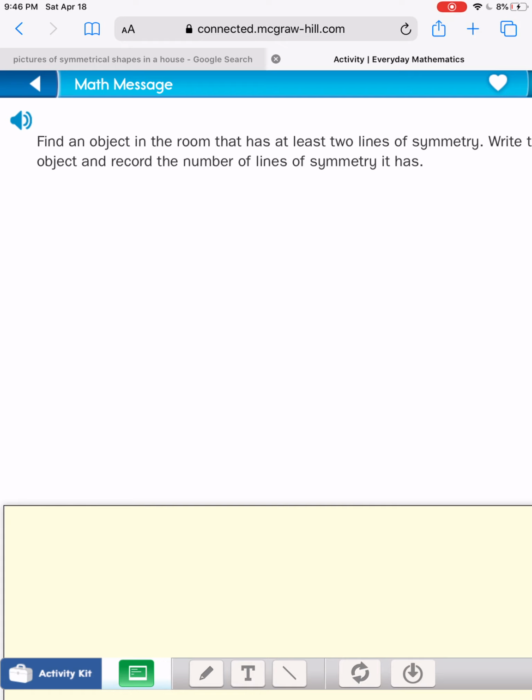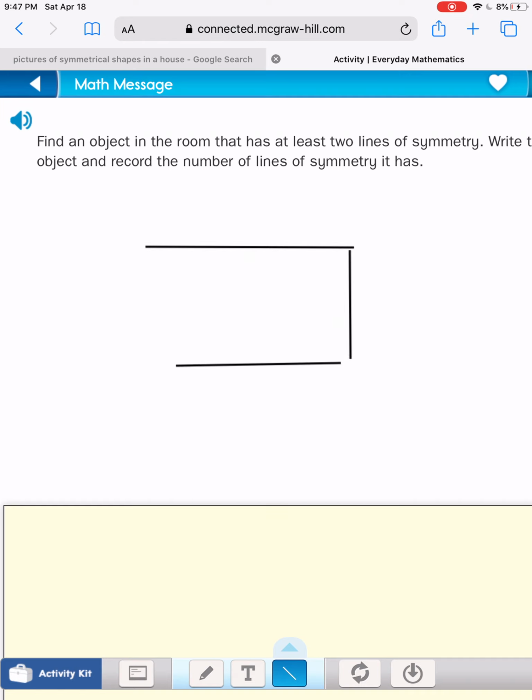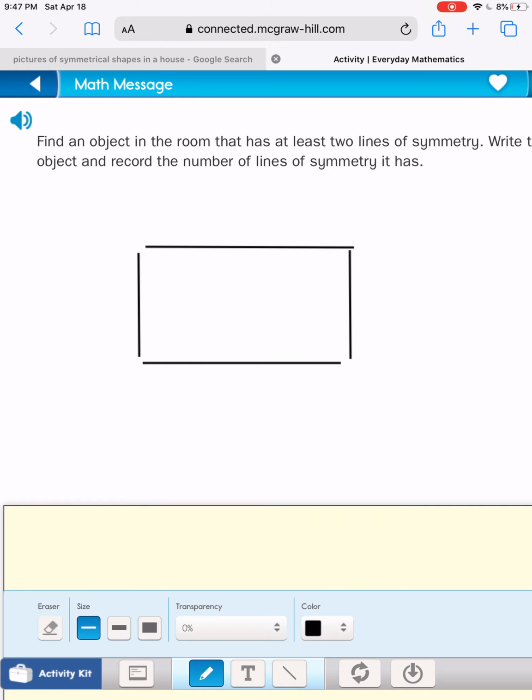Right now I am sitting in my living room, and one of the things that I have in my living room is a TV. And my TV is in the shape of a rectangle, which looks like that. And my TV is symmetrical in more than one way. So I'm going to show you how this rectangle, or my TV, is symmetrical.